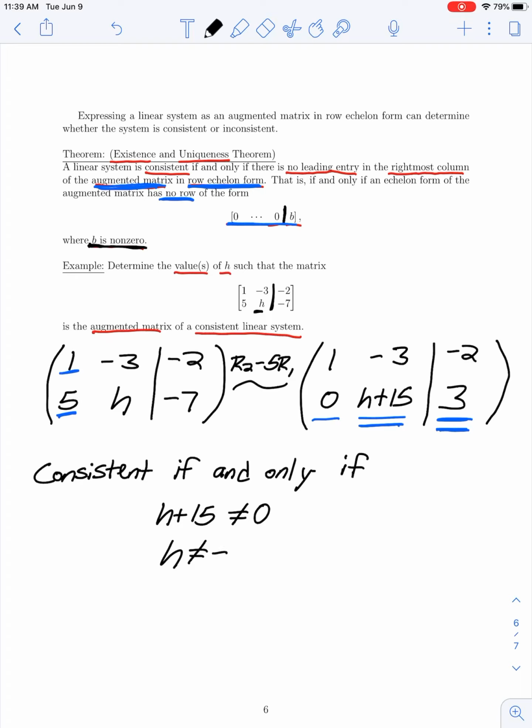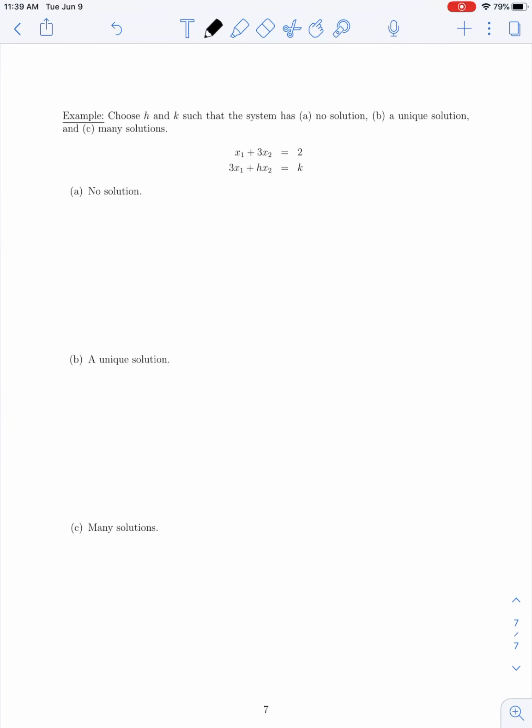That is, if h is some number other than -15. So we can choose any value of h other than -15, and our system will be consistent here. All right. So let's look at another example.